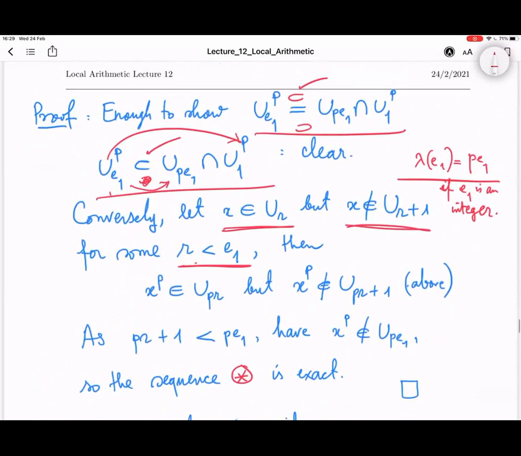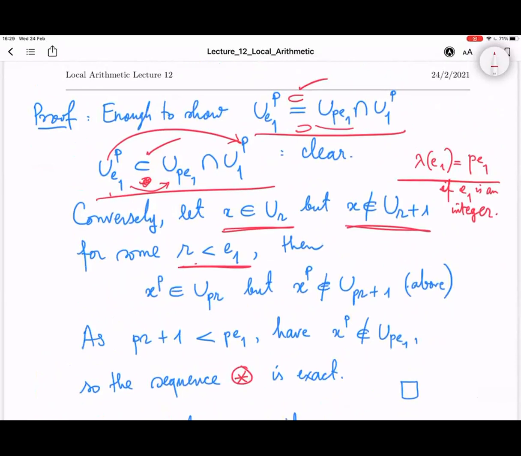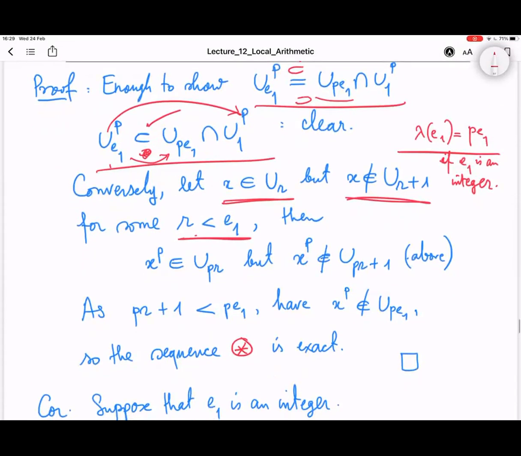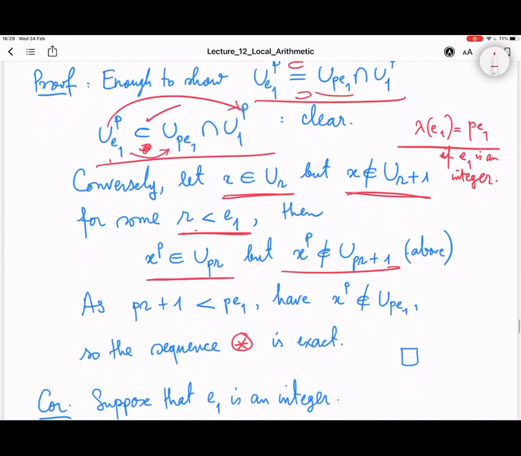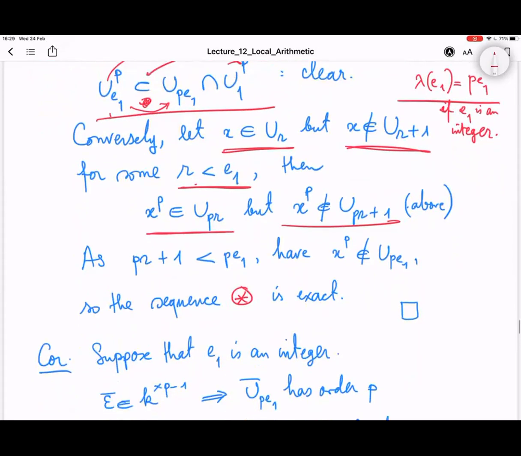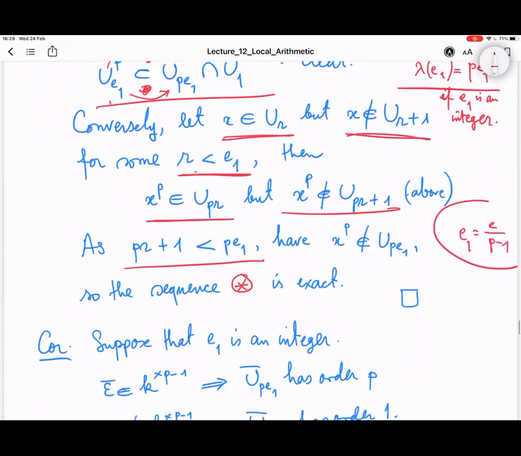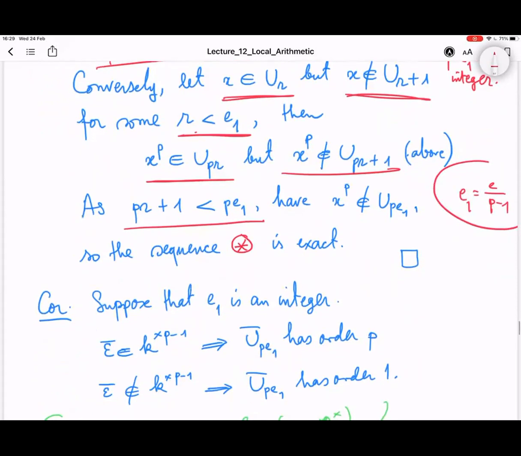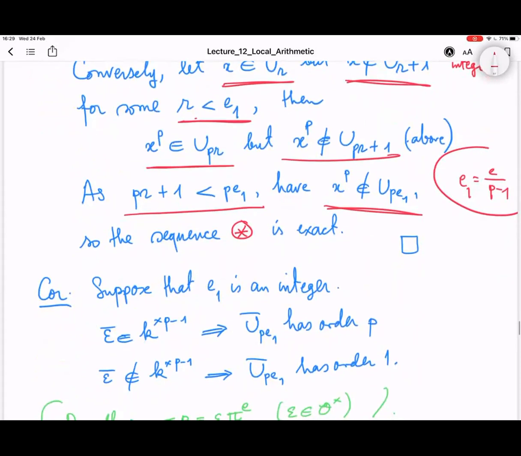I'm taking an element in some U_r which is not in U_{r+1}, then x to the power p is going to be in U_{pr}, but not in U_{pr+1}. But pr+1 is strictly less than pe_1 when e_1 is equal to e over p minus 1. So you just have to keep using these numerical properties of these numbers to conclude that this sequence is exact. Okay.